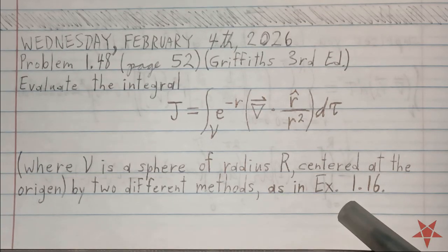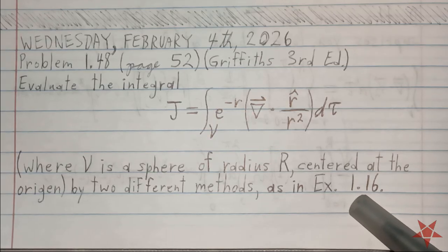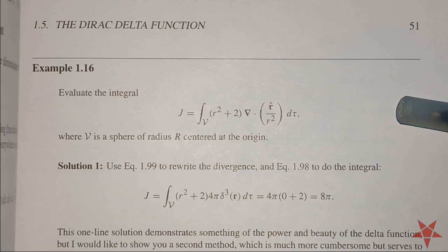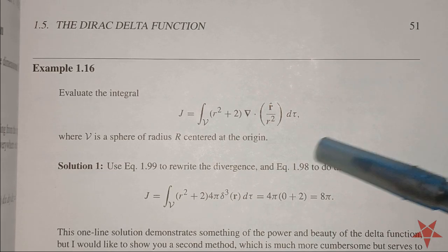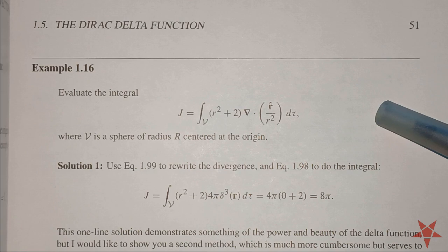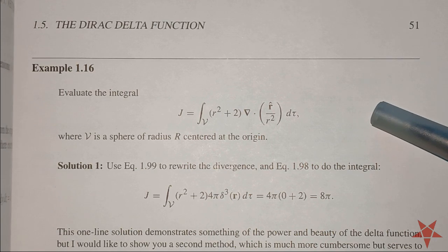And now we're going to at least touch briefly upon example 1.16 on page 51, I believe. So we're going to take a look at example 1.16 on page 51. Keep in mind, this is not the problem we're solving. This is just an example that shows the methodology we will be using for problem number 1.48.